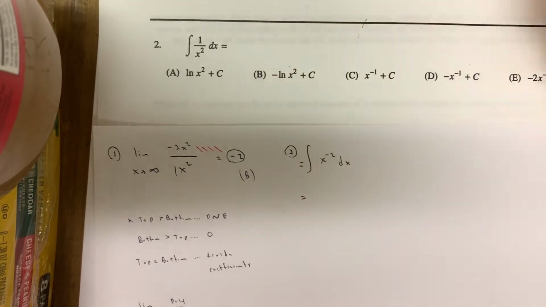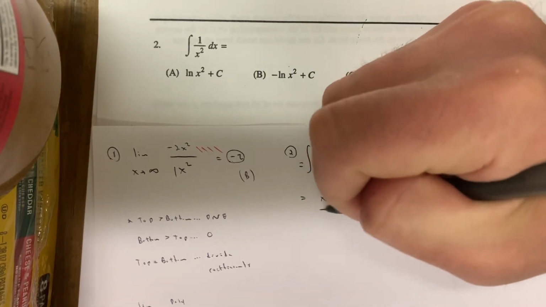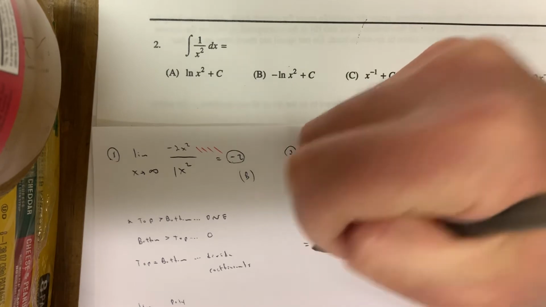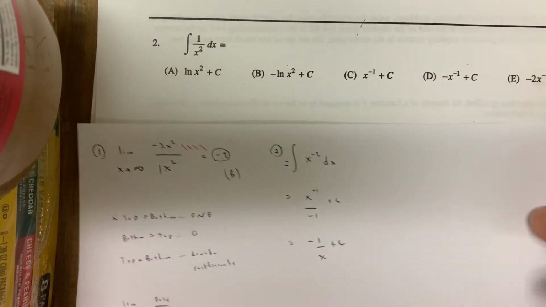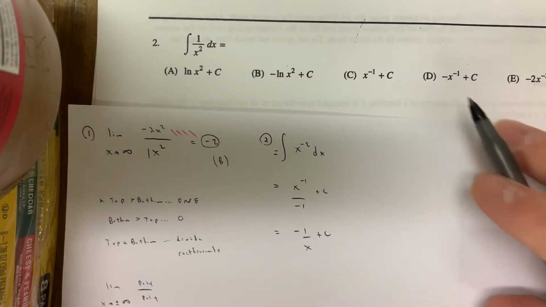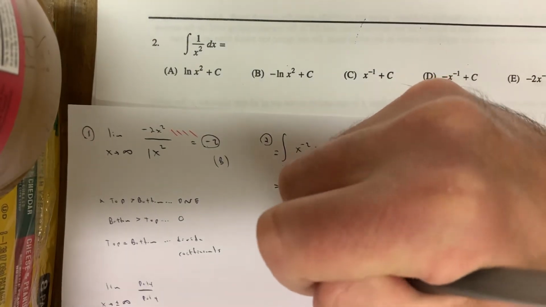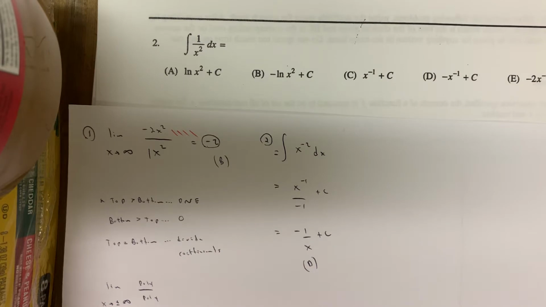Really basic, simple integration. Add 1 to the exponent, divide by that number. And we get negative 1 over x plus c, which they actually have written as negative x to the negative 1 plus c. So they didn't get rid of the negative exponent. Sometimes stuff like that is going to happen. So hopefully 1 and 2, you don't feel too terrible about.